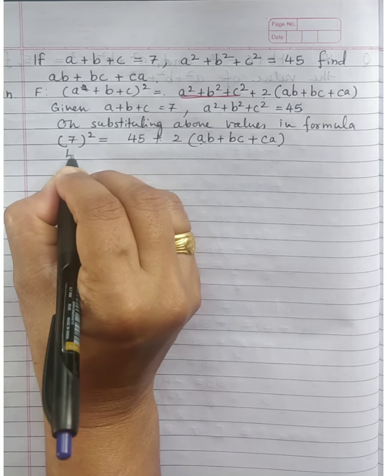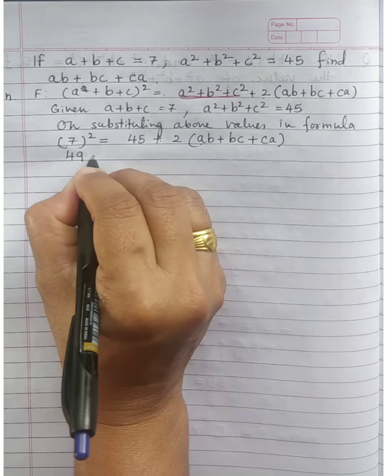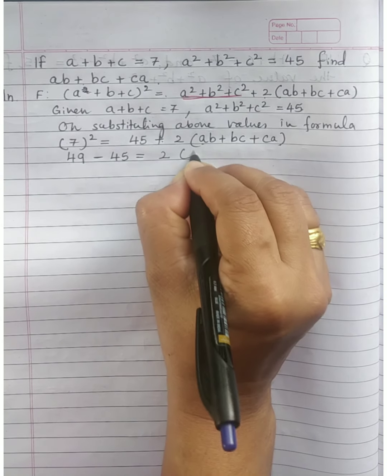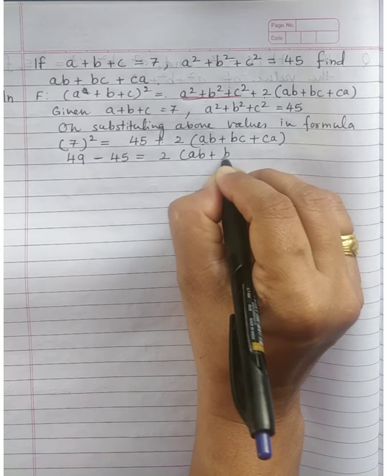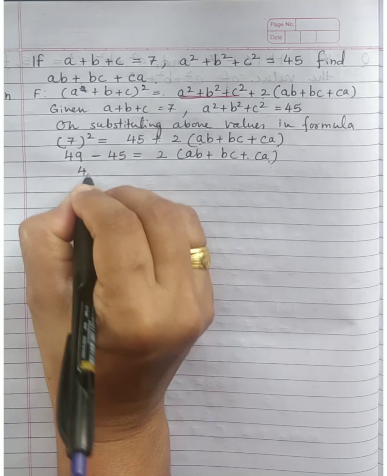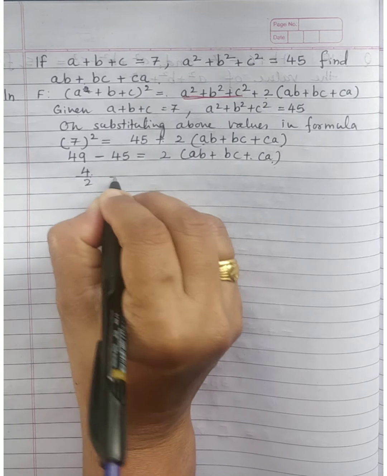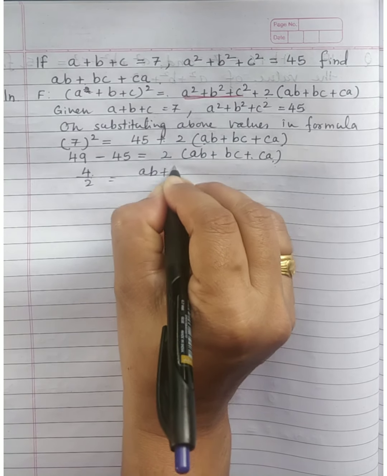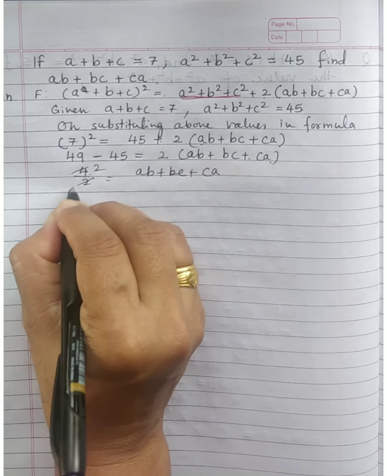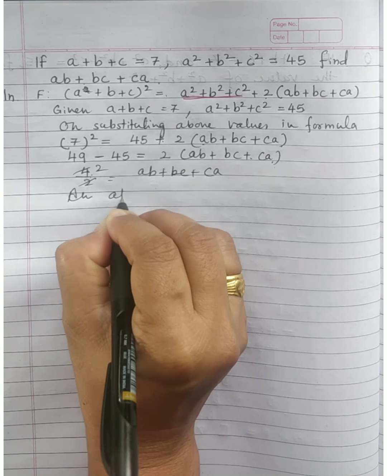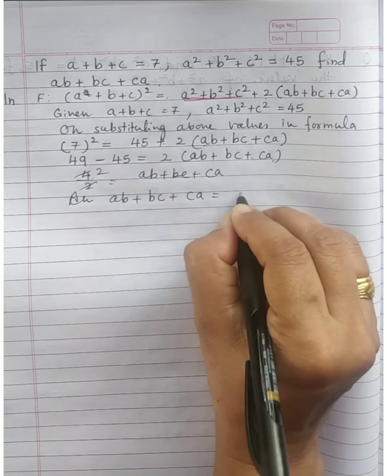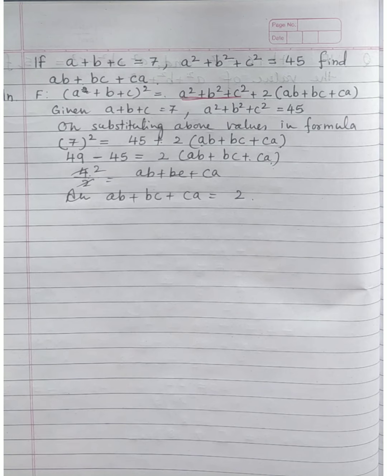Now 7 square is 49, 45 shifted here, minus 45 equals 2 times AB plus BC plus CA. What is this? 4, and you shift 2 here, 2 is equal to AB plus BC plus CA. That gives you 2. So what is your answer? AB plus BC plus CA is equal to 2, right?